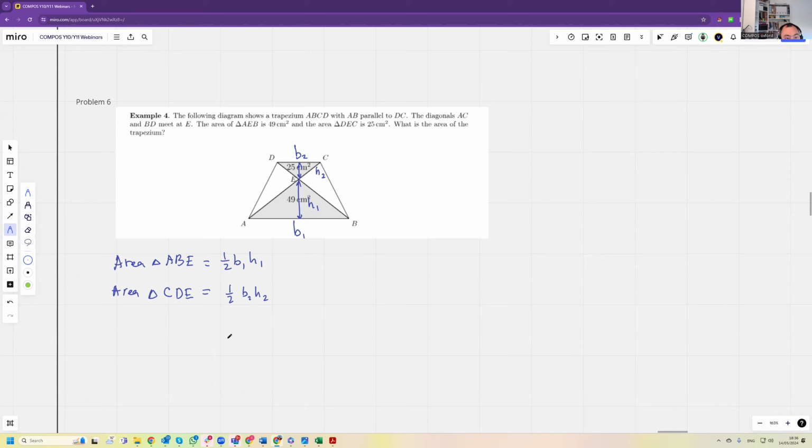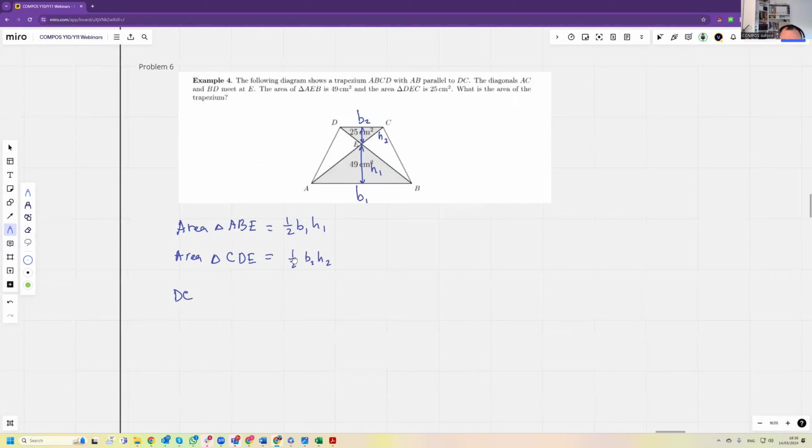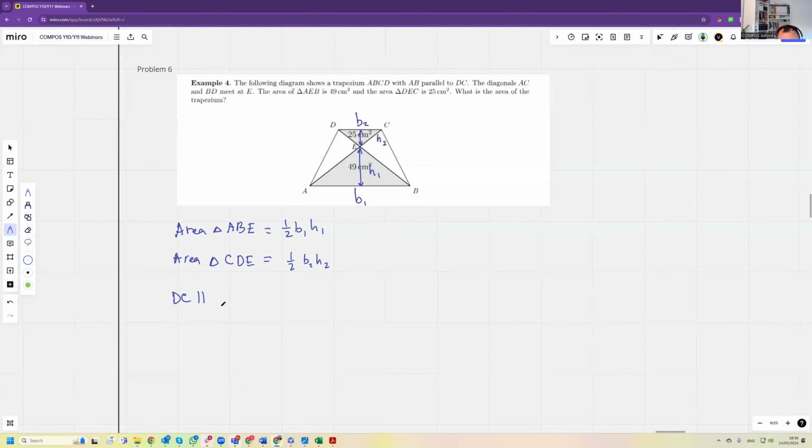Now, DC is parallel to AB. Therefore, angle CDB is equal to angle ABD.